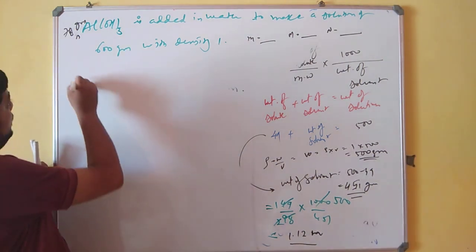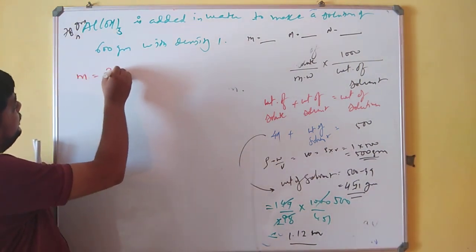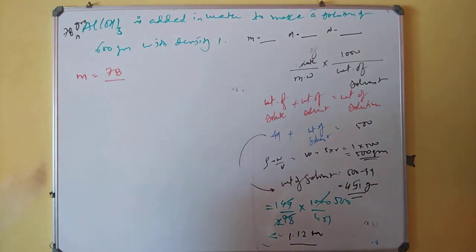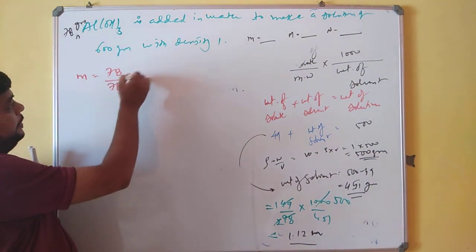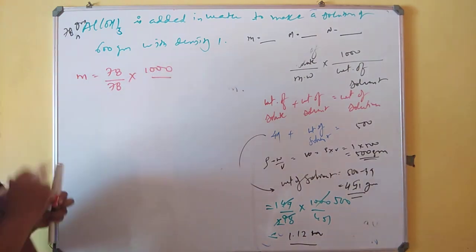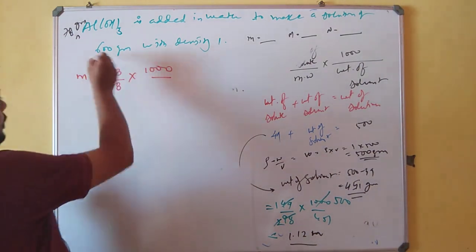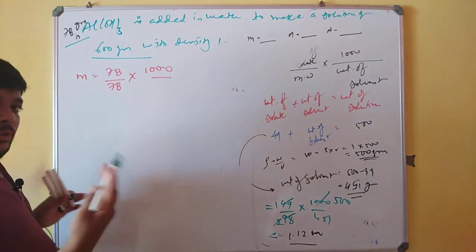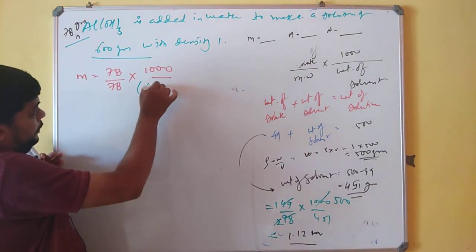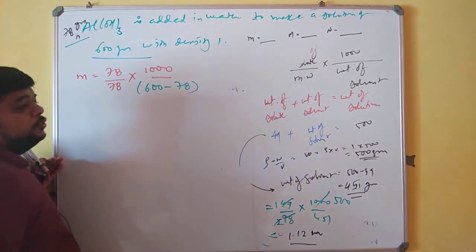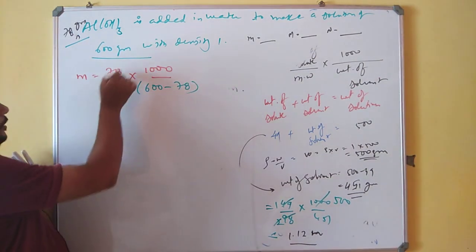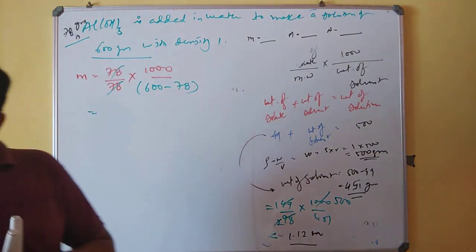Let us try and find out molality first. Molality is equal to weight, that is 78, over the molecular weight of aluminum hydroxide. Check it, you will again end up with 78. Multiply by 1000. But now be aware, weight of solvent you do not have. This is the weight of solution, this is the weight of solute. So it is very easy: weight of solution minus weight of solute will give you the weight of solvent.